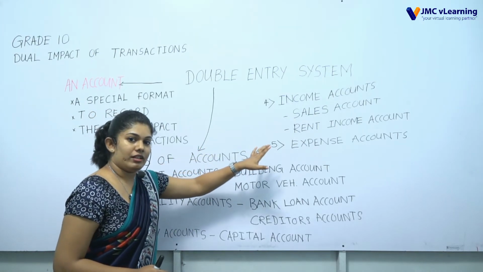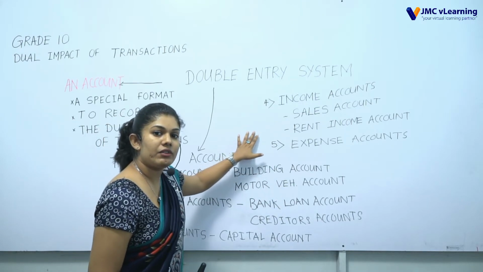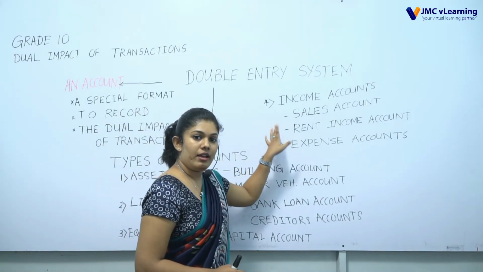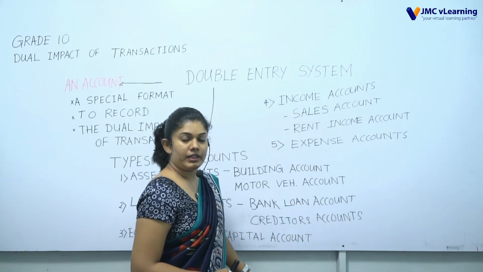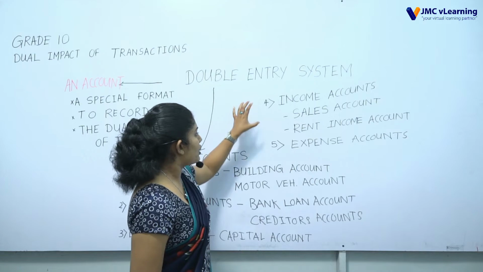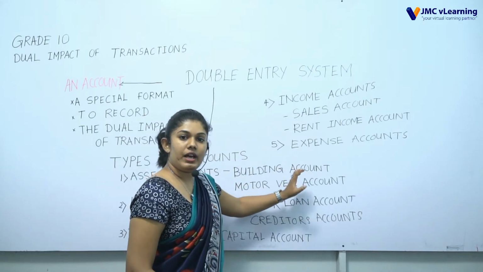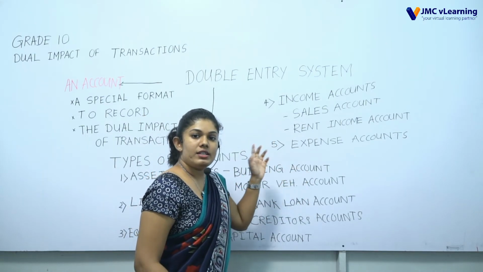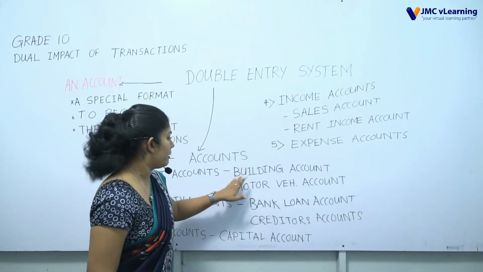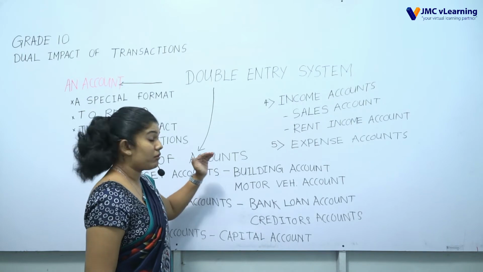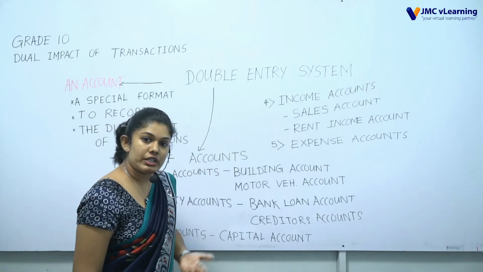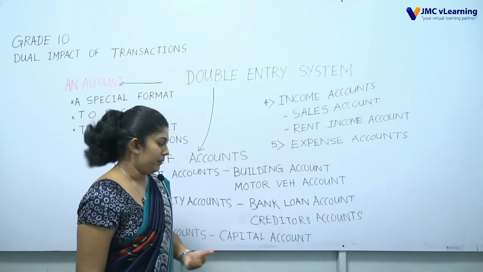If you think further, these are very familiar to you because they are the accounting elements. Under each accounting element, there are various sub-accounts: building account, motor vehicle account, land account, furniture account, cash account under assets.